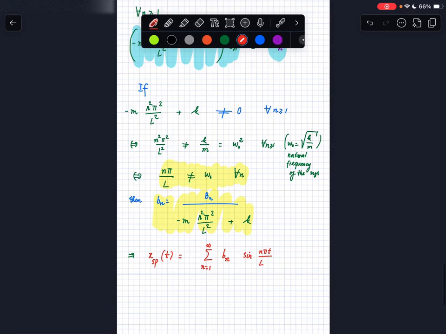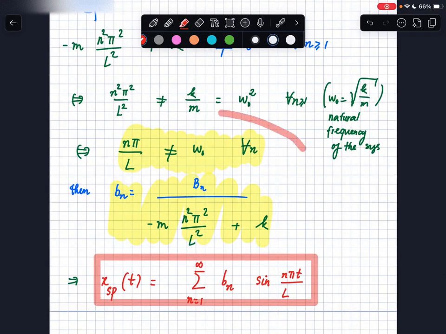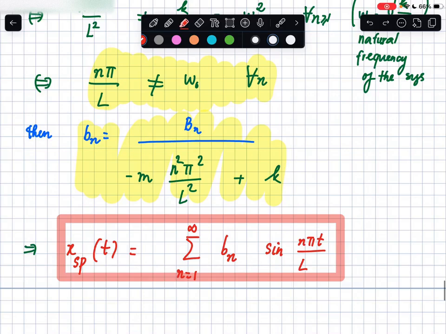So yeah, with Fourier series, we found the steady periodic solution, which is this one. Remember that the condition we need is n pi over L is different from omega naught for all n greater than or equal to 1.